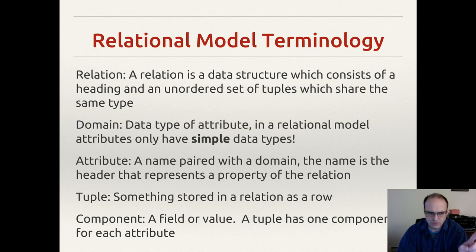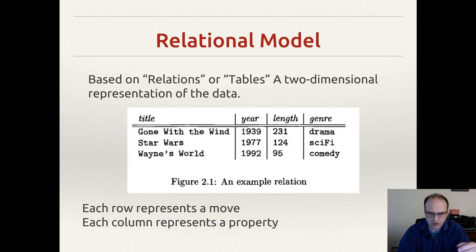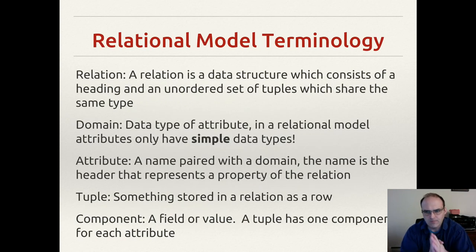Now I'm going to get to what tuples are in a moment. They're down here, but those are the rows. So in our case, the tuples are the movie Gone with the Wind with all its supporting data there, Star Wars, and Wayne's World. And they all share the same type. Now, the type in this case is the relation, right? You can kind of think of that as when you're creating an object in an object-oriented programming language.